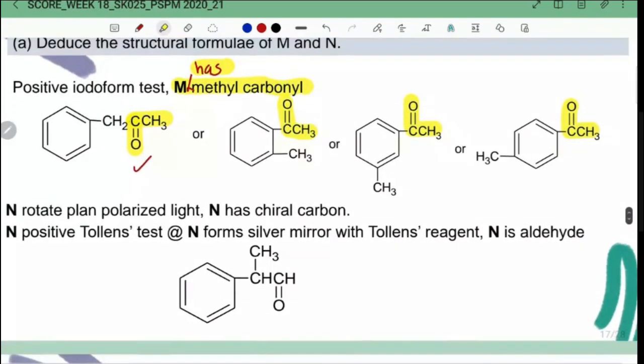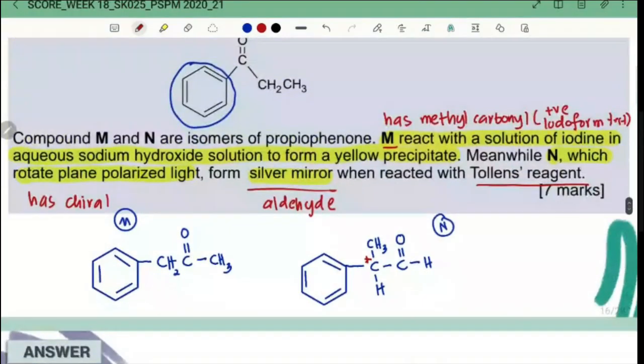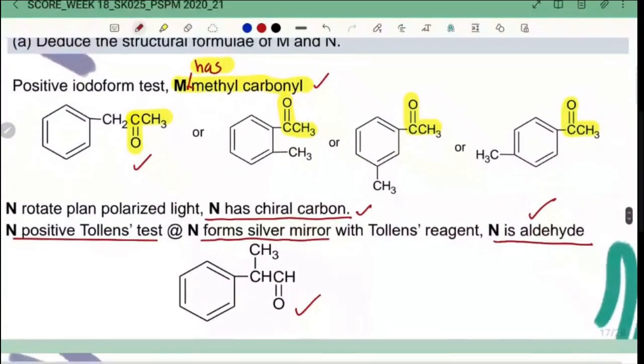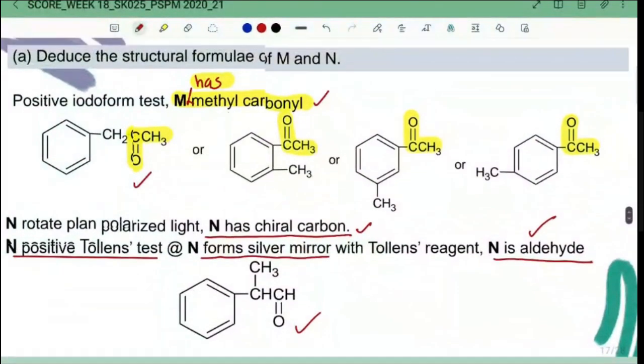And then the structure, 1 mark. Okay, N rotates the plane polarized light, so N has a chiral carbon. N gives a positive Tollens test, meaning N forms a silver mirror, which means N is an aldehyde. So the structure is the same as I gave just now. Okay, so the marks here are 7: 1, 2, 3, 4, 5, 6.